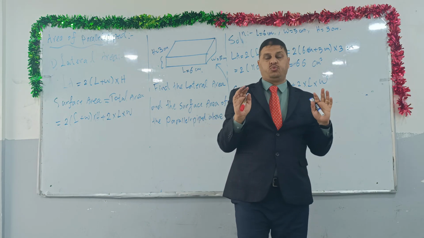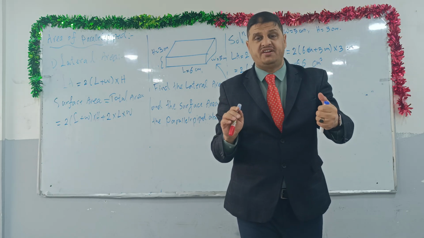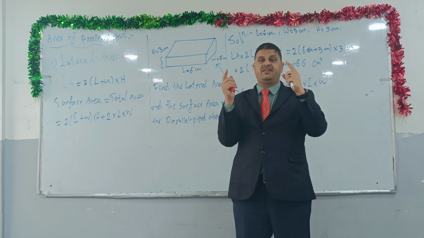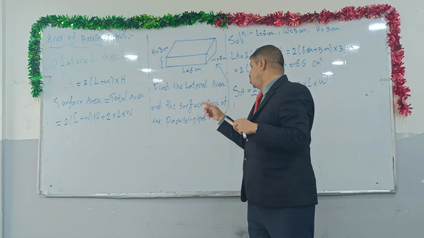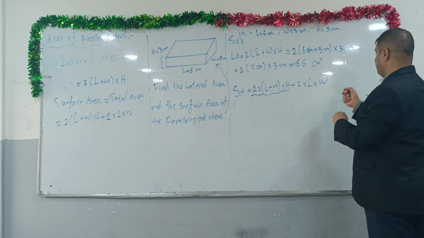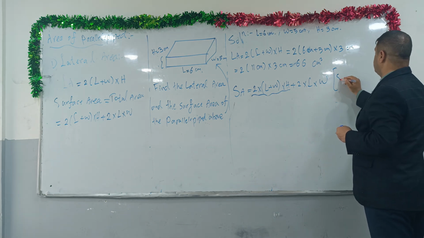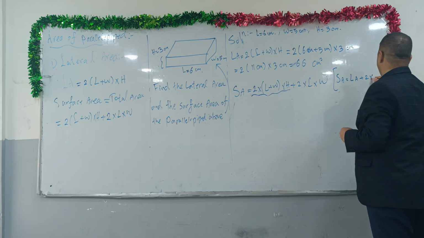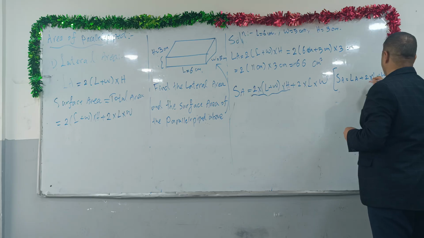Do not forget it. Why? Because the surface area depends on this lateral area. Total area, surface area equals, look here, lateral area plus 2 times L times width.